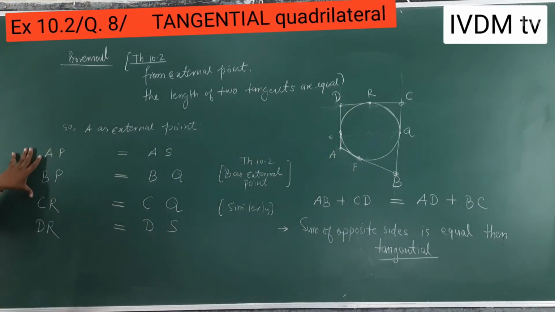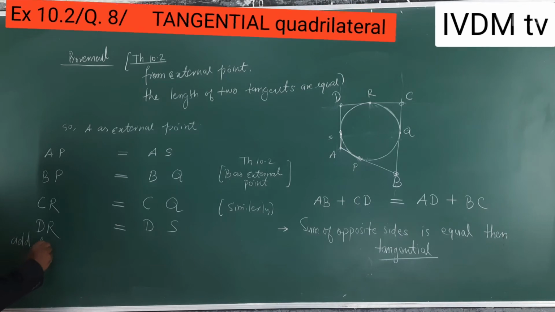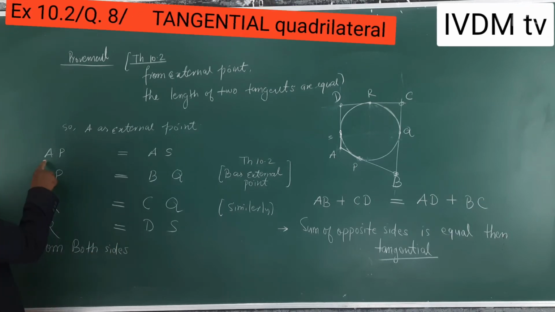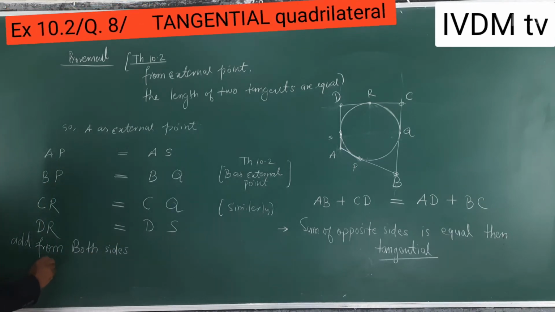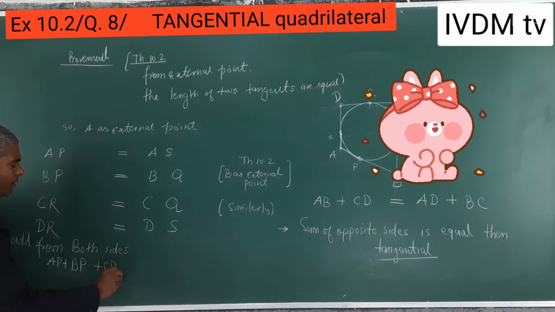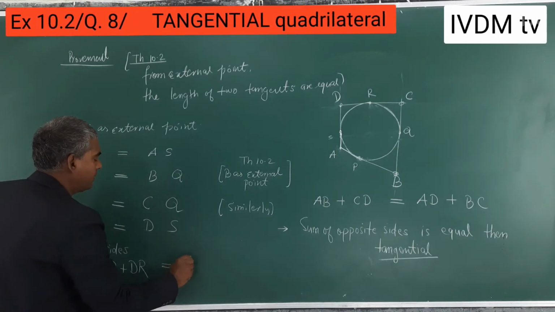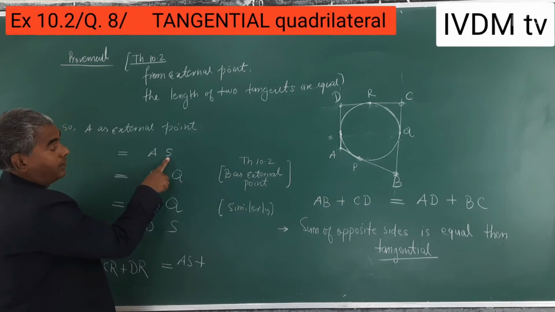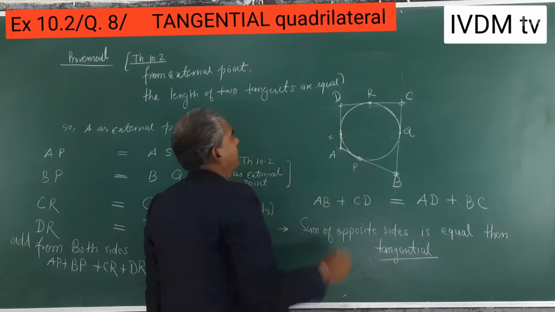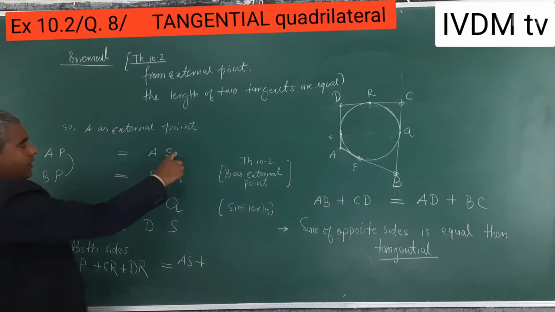So if you add this one, from both sides, this one, AP plus BP plus CR plus DR is equal to here AS plus AS plus, you have to search for DS. But AS and BQ will not be added.